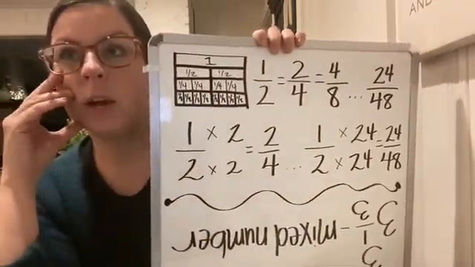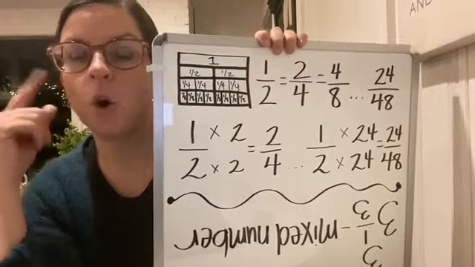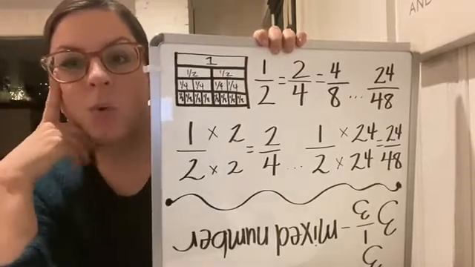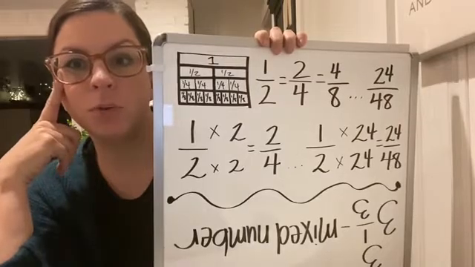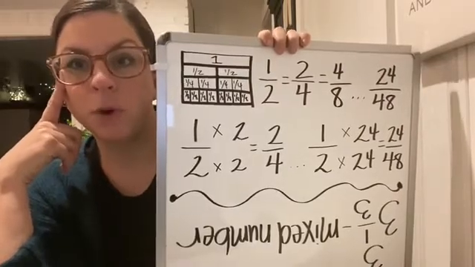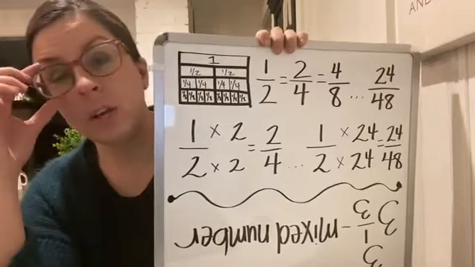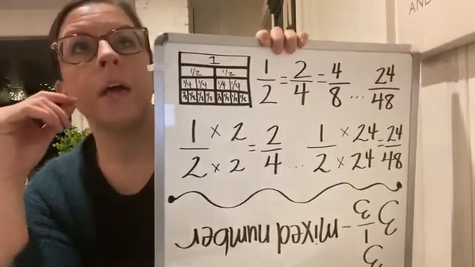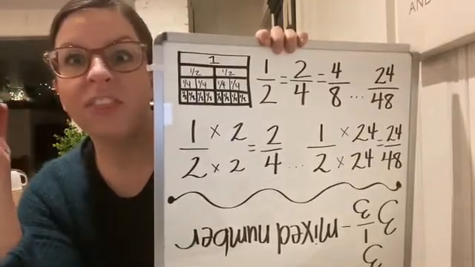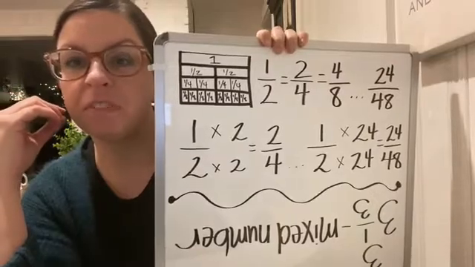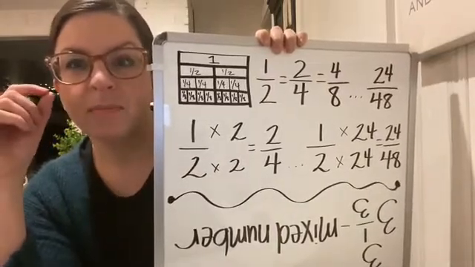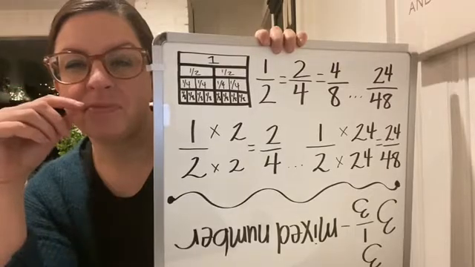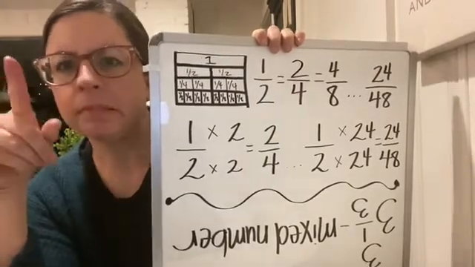1/2 could equal 300 over 600. 1/2 could equal 222 over 444. 1/2 could equal 1,250 over 2,500.